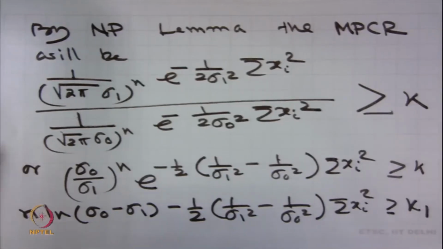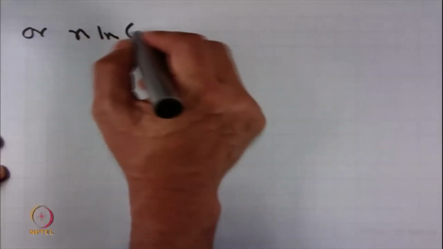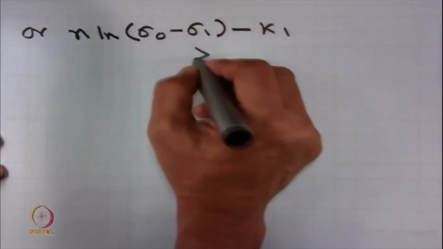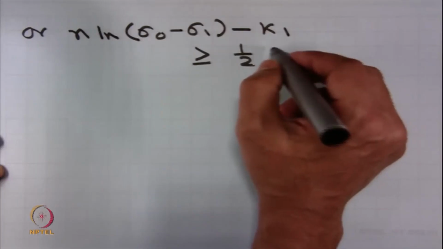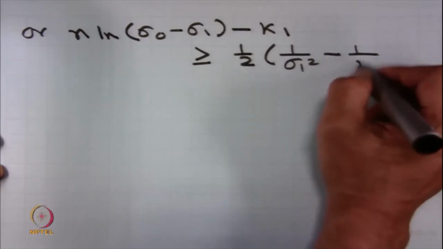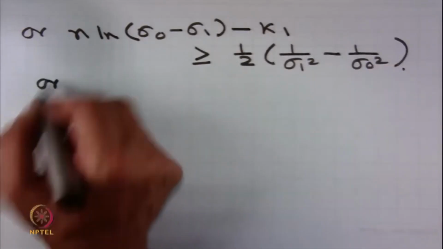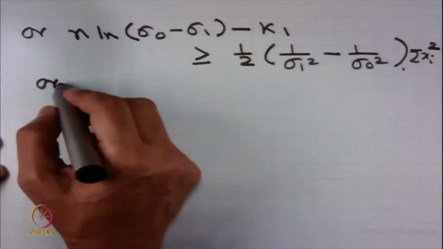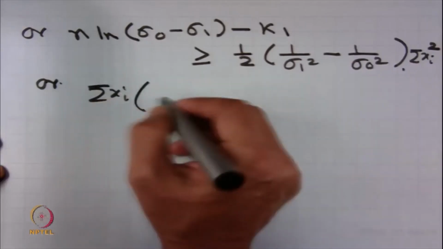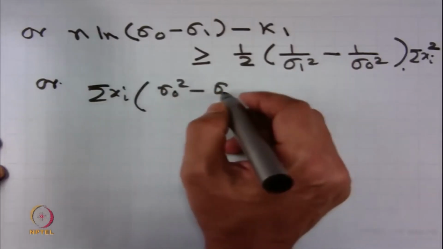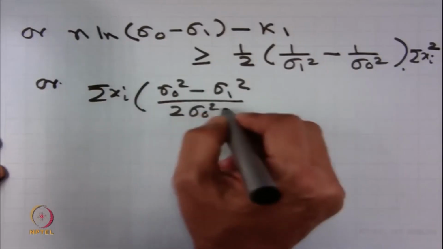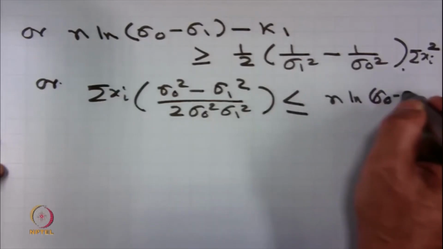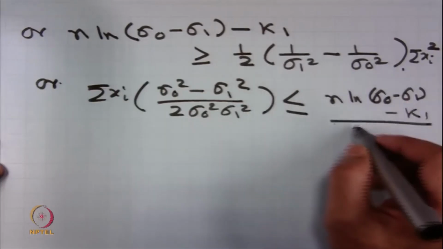So, let me call it k 1, or n log of sigma naught minus sigma 1 minus k 1 is greater than equal to half of 1 upon sigma 1 square minus sigma naught square into sigma xi square, or sigma xi square into sigma naught square minus sigma 1 square upon 2 sigma naught square sigma 1 square is less than equal to n log sigma naught minus sigma 1 minus k 1, let me call it C 1.